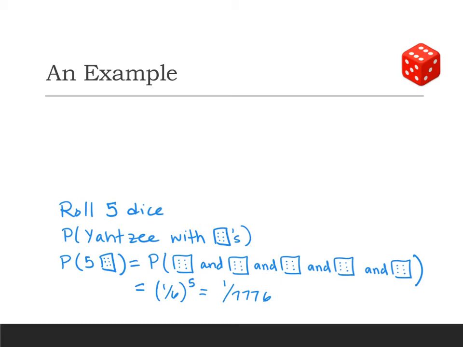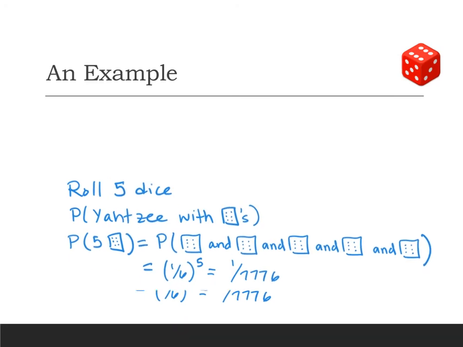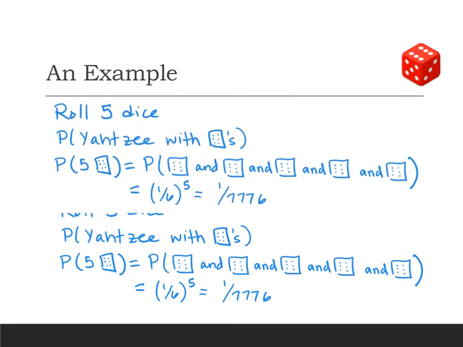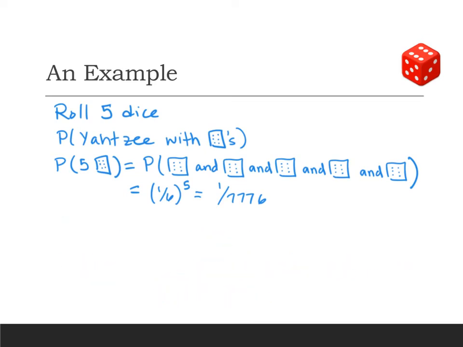Okay, so that's our probability of getting Yahtzee with 6s.